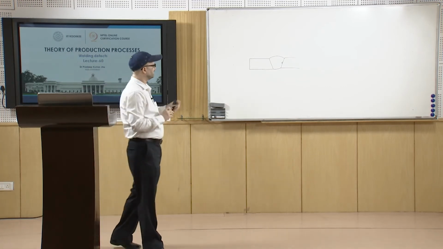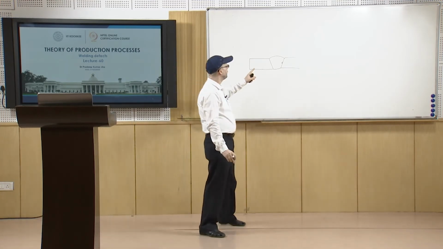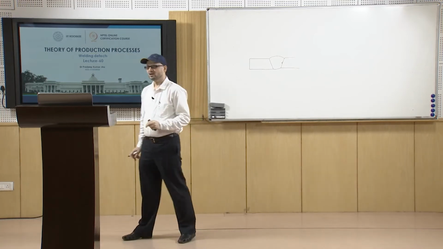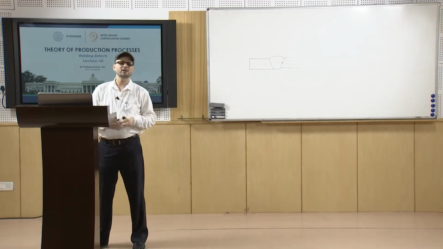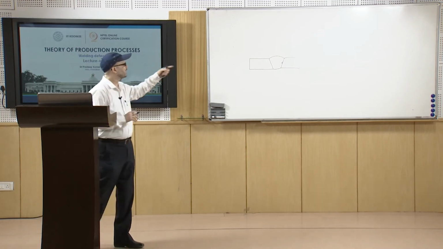Then many a time defects come because of the interaction of the weld metal with the part which is already present. If there are impurities left on the surface that is not properly cleaned, they may interact with the weld metal.